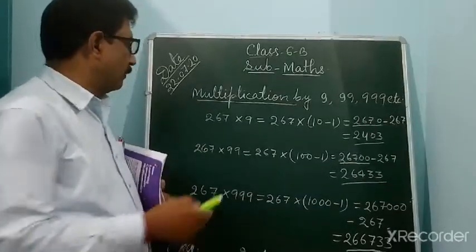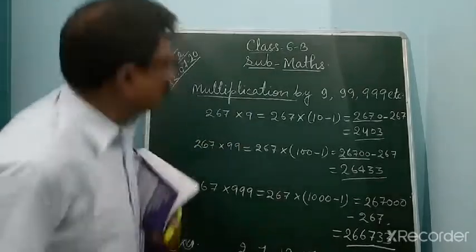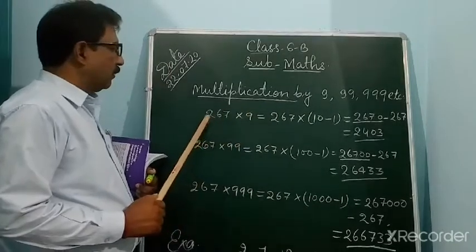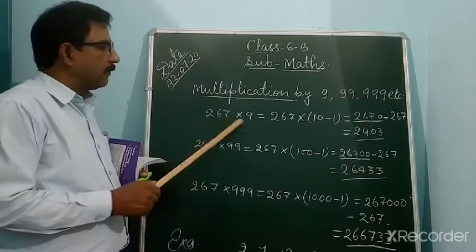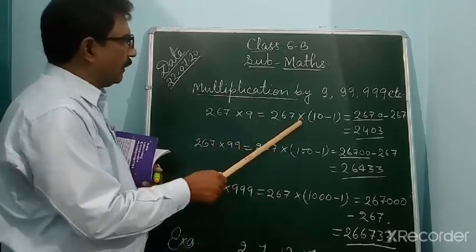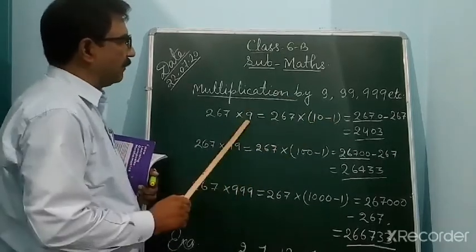Now I am explaining multiplication by 9, 99, 999. This pattern you see. For example, you can take 267. 267 multiplied by 9 is equal to 267 multiplied by, in the place of 9, you can write 10 minus 1. 10 minus 1 means 9.